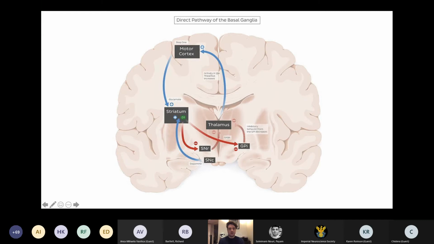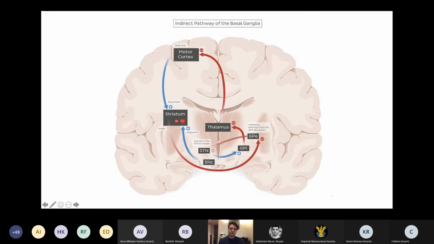Motor cortex has one input, and dopamine is your secondary input to further strengthen that signal. So both glutamate and dopamine activate the striatum, which has an inhibitory effect on the globus pallidus internus, so you disinhibit the thalamus because you block the GPI's natural inhibitory effect. I apologize if I've gone through that so many times that you're bored of it, but I think it's important to make sure that we've got this down.